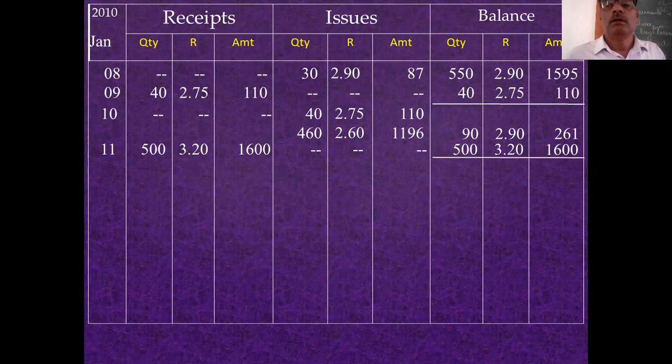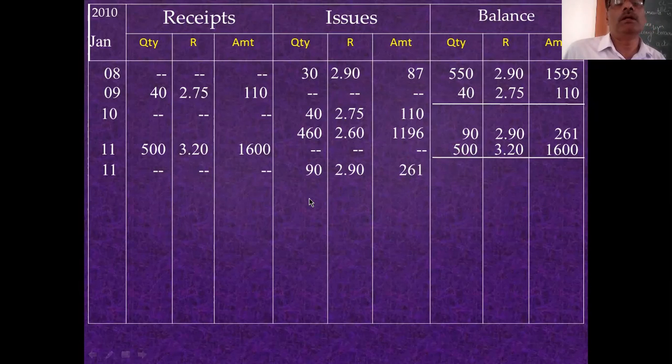Then next, what is next after L1? Issue is there, you put the underline, then date is again L1. What is quantity? 400. First you issue 90 units at the rate of 2.90, 261.